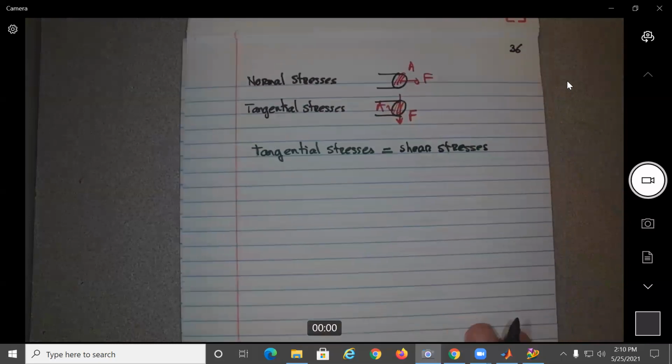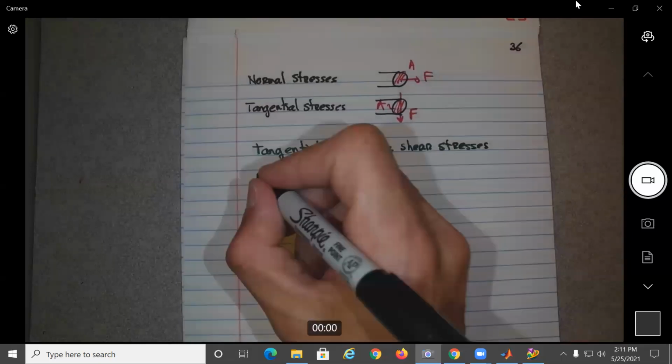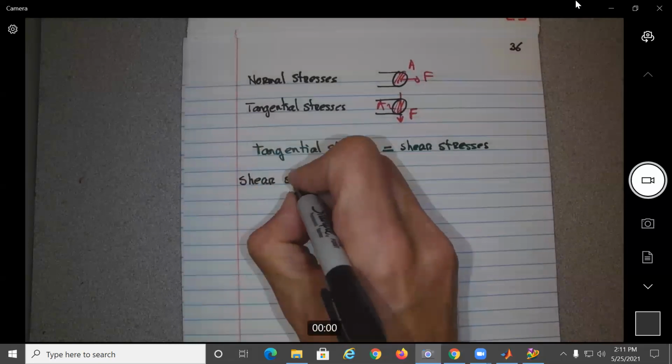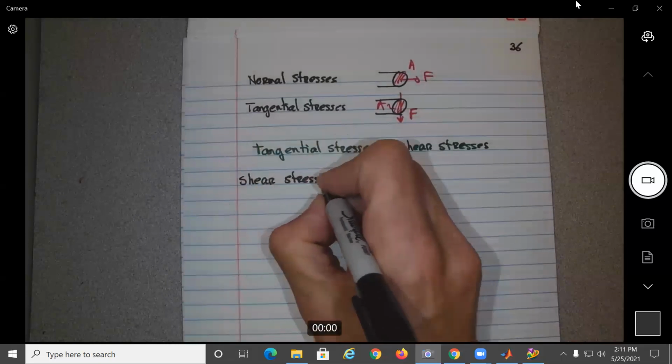Okay, so again, I'm not gonna do the derivation because that should have been done in solid mechanics, but shear stresses in a beam.